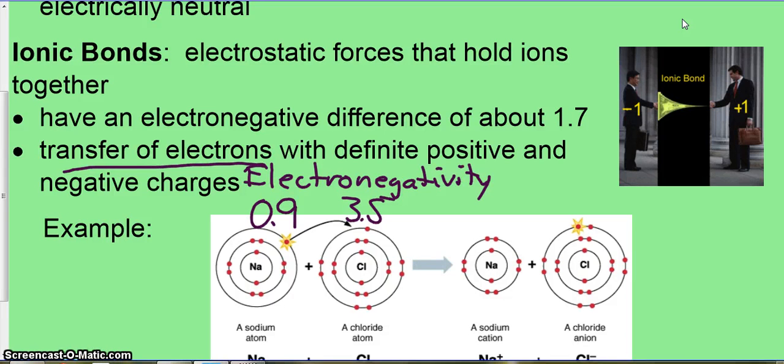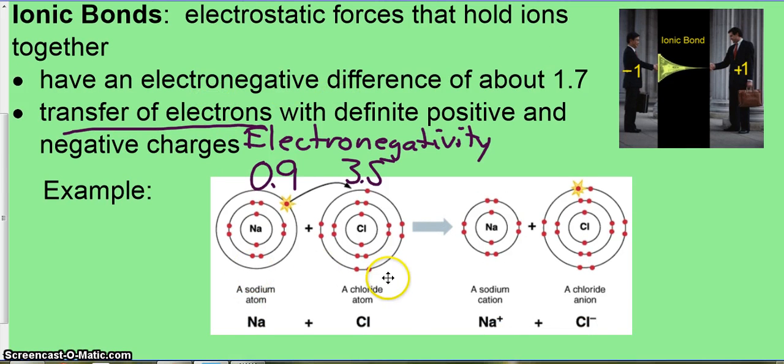So if you recall from last unit in our periodic trends, the far right side of the periodic table, or our nonmetals, when they bond with many of our metals on the far left, meet that criteria. In this situation below, between a sodium and a chlorine atom, what we see is that there's such a great pull from the chlorine, it doesn't just hold on to them more, it actually rips that electron off and takes it for itself because it has such a great attraction for the electron in the bond.